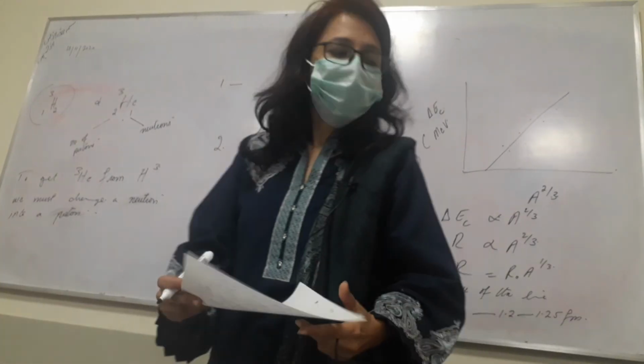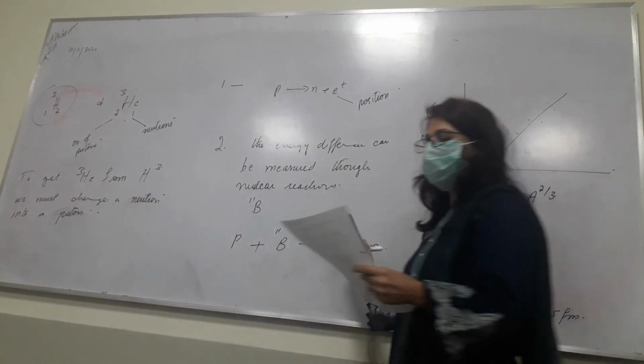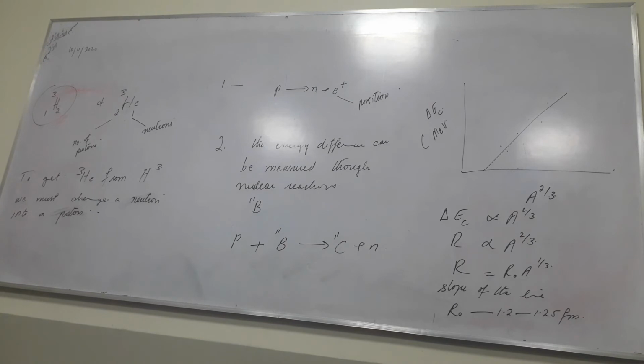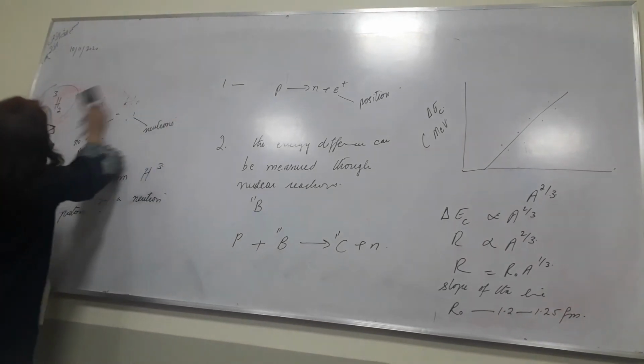Now, another thing that we have to understand is that nuclear matter itself, the presence of matter itself, can lead you to an understanding of the size of a nucleus, right.